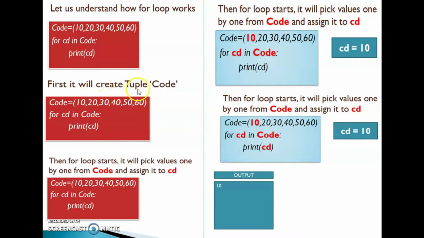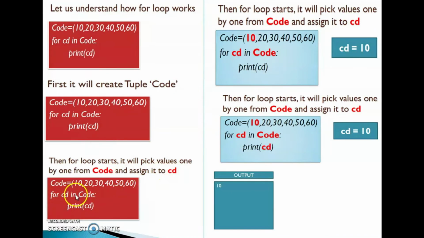First it will create tuple code. Then for loop starts. It will pick values one by one from code and assign it to CD.